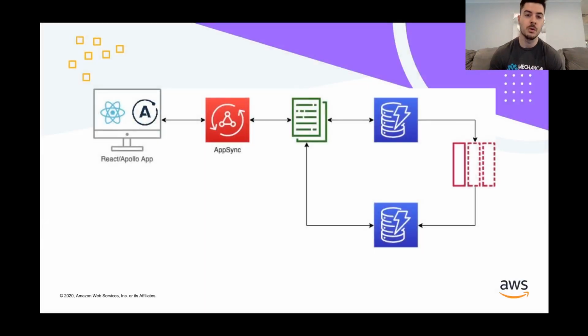And when you go and implement that additional table with that stream, this is what your architecture will look like. You've got that original table, data being streamed into the stream, and then that going into the versions table. VTL templates can then interface into that versions table and request data on behalf of the AppSync API.